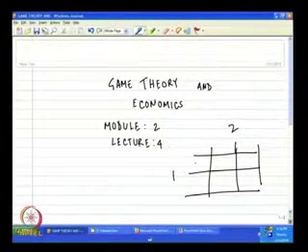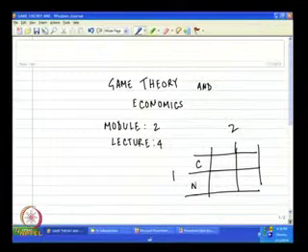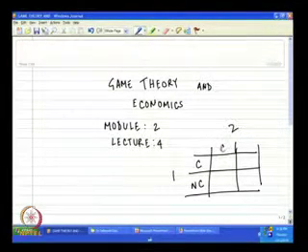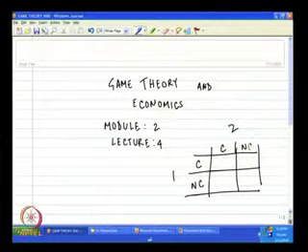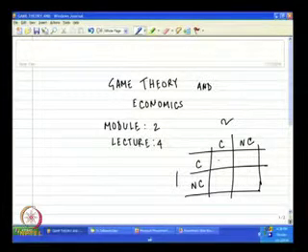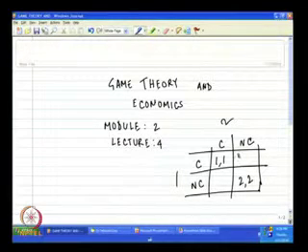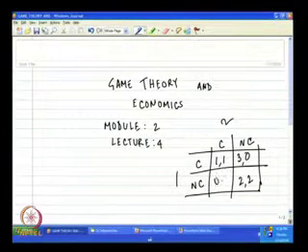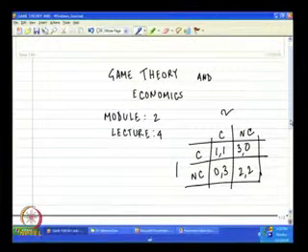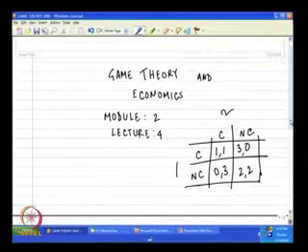Here is player 1, suppose C, confess, NC, not confess. Similarly for player 2.